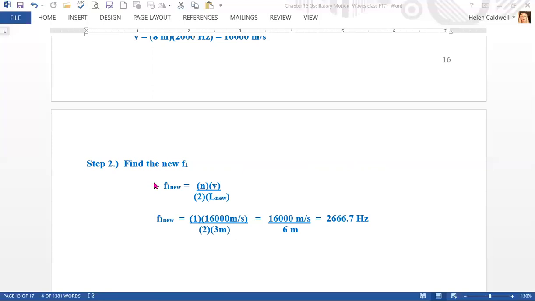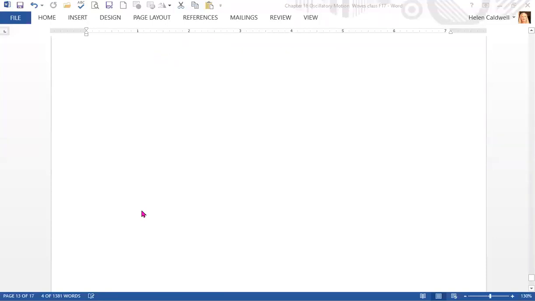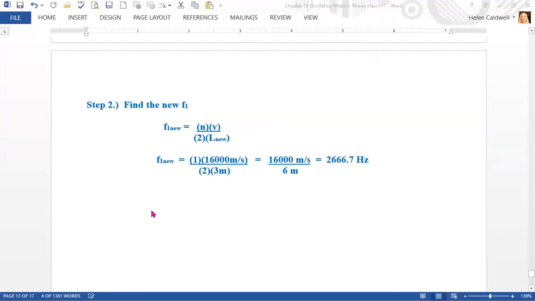So 16,000 meters per second divided by 6 meters gives us 2,666.7 hertz, because frequency is measured in hertz. Hertz is a cycle per second, and remember, cycles aren't really units, so hertz. And that finishes us. We are done.